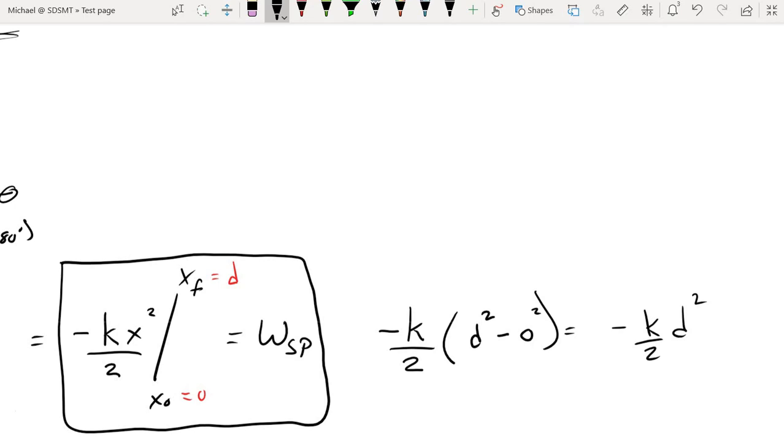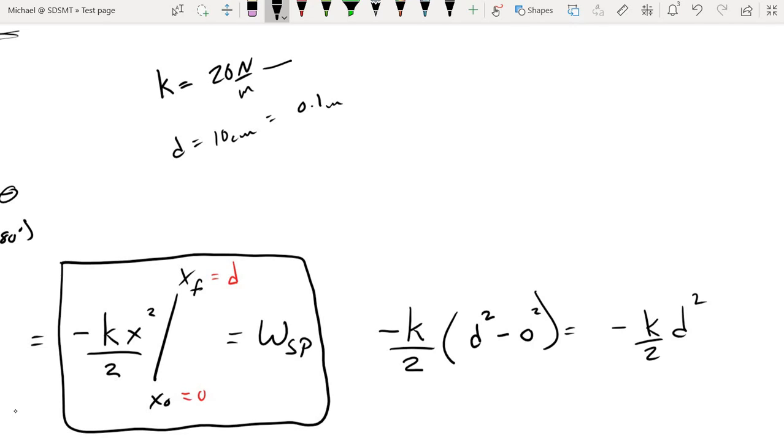At this point, all I really need is a k value that tells me how stiff the spring is. So maybe we do 20 newtons per meter for the k value, and then we can let d equal 10 centimeters, or 0.1 meters.